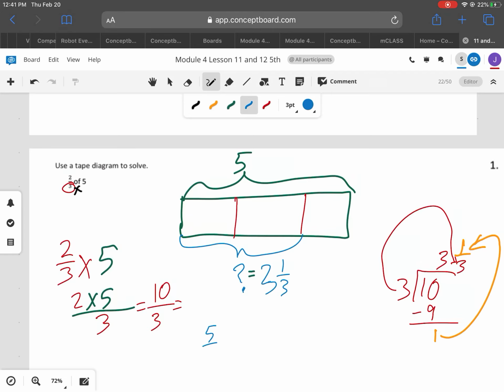And how do I know that's true? Well, one of them would be 5/3, which would be 1 and 2/3. And if I add 1 and 2/3 plus 1 and 2/3 plus 1 and 2/3, well, not 2, sorry, my mistake. No, it should be right.